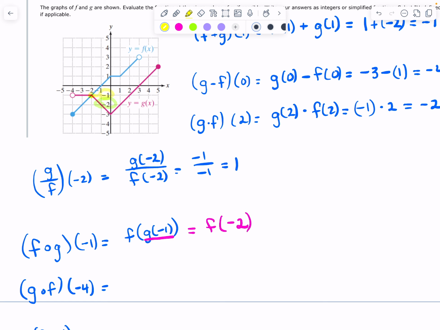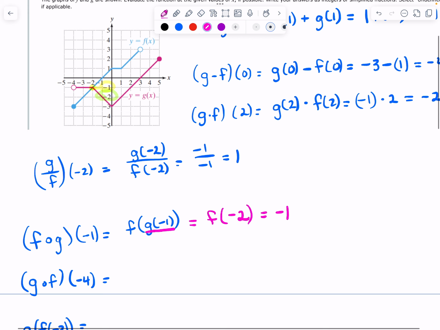So we took the function g, evaluated it at -1, and found the value -2, and then we took that value and evaluated f at -2 to find the value of the composite function was -1. So it's a two-step process.